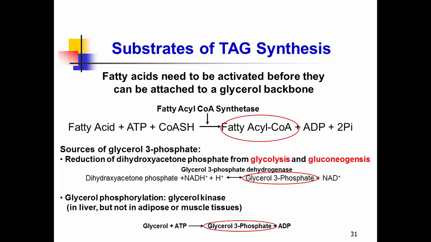So remember, glycerol kinase is only present in the liver, and not in the adipose tissue or skeletal muscle, right? So again, in the liver, glycerol 3-phosphate can be generated from two sources. One is glycolysis, and the other is direct phosphorylation of glycerol by glycerol kinase, right? But in the adipose tissue and muscle, glycolysis is the only source of glycerol 3-phosphate.